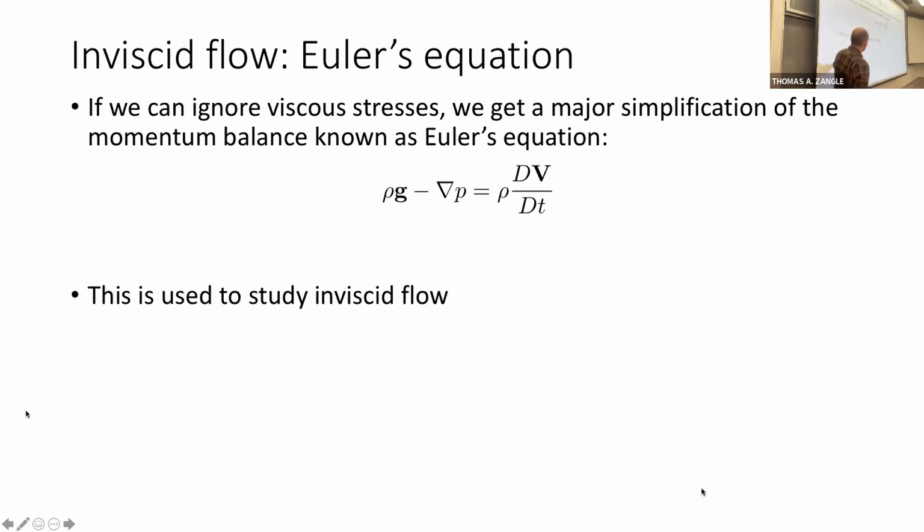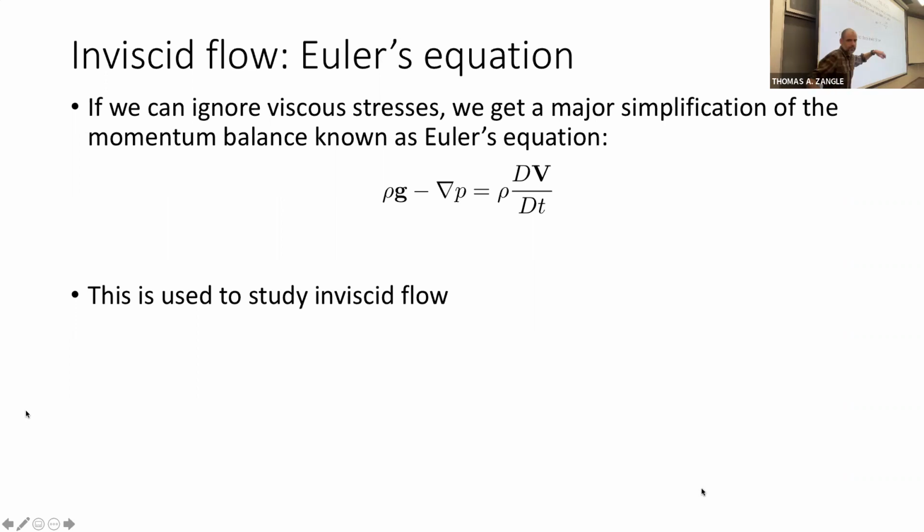This is used to study what's called inviscid flow, or flow where we can assume that there is no effect of viscosity. So if there's no viscous friction, we've already looked at an equation where there's no viscous friction, right? What equation did we develop where there's no viscous friction? Bernoulli, right?